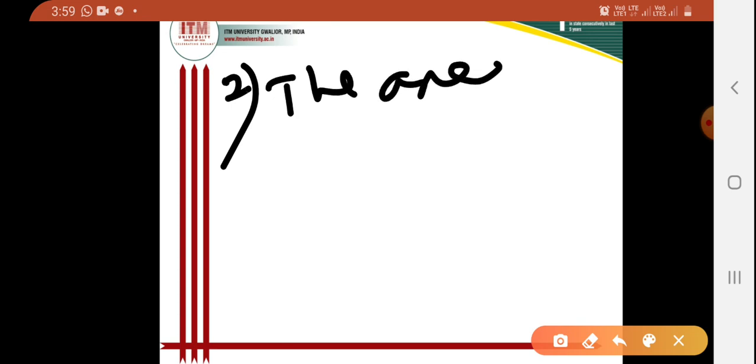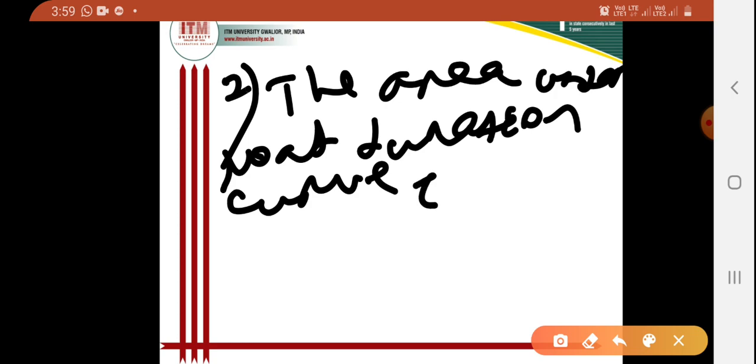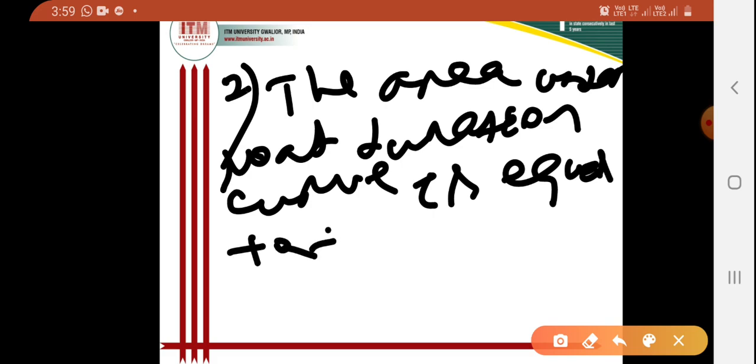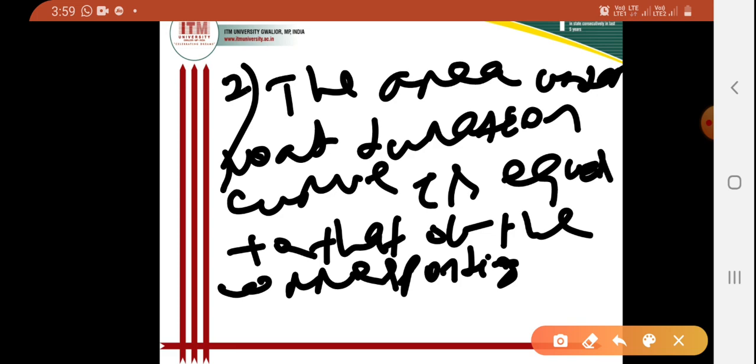In our next note, I can write that the area under the load duration curve is equal to that of the corresponding load curve.